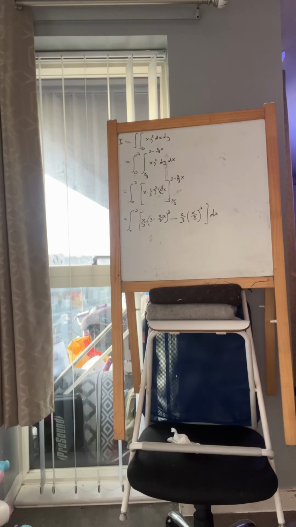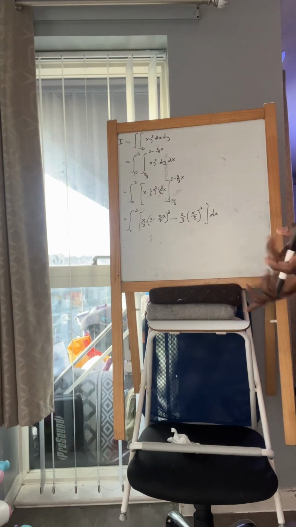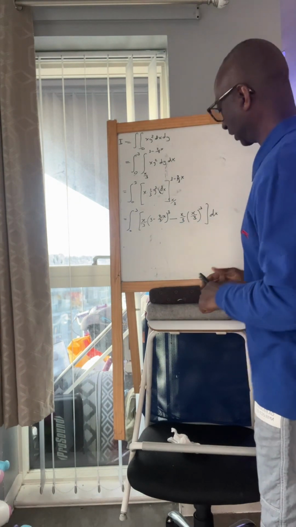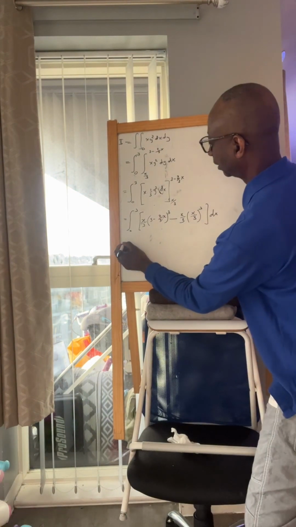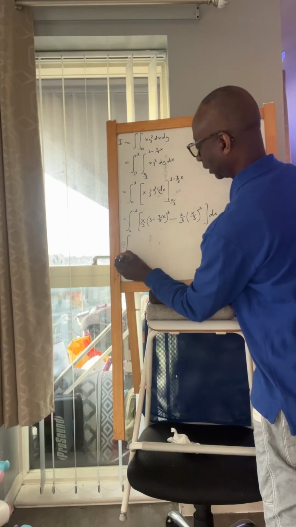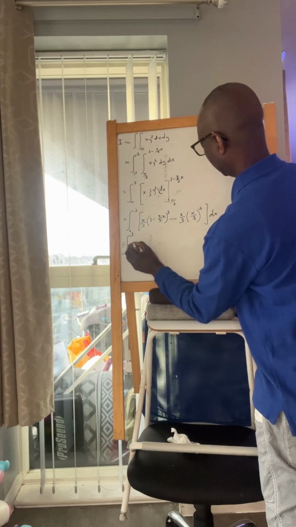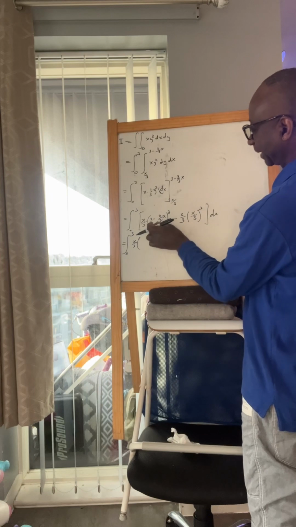All that is left now is expansion and collecting terms, simplify, and then you integrate again, you get your final answer. So let's expand. You have 0, 3 here. You still have your x all over 3. Expand this.